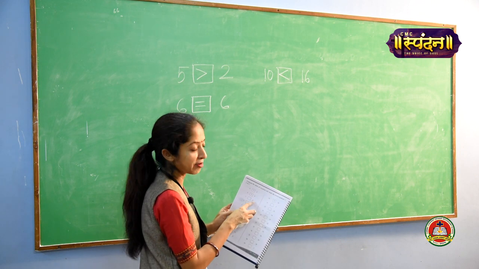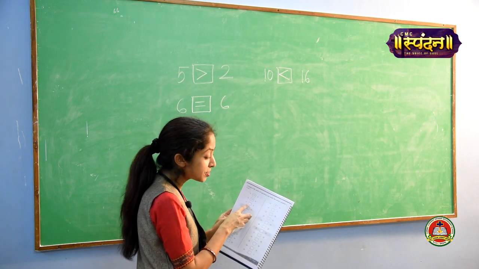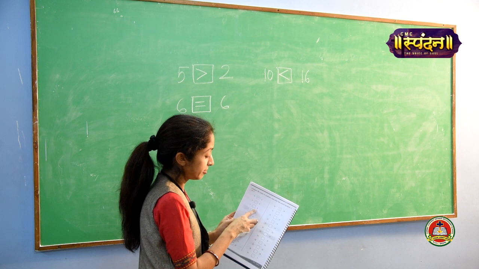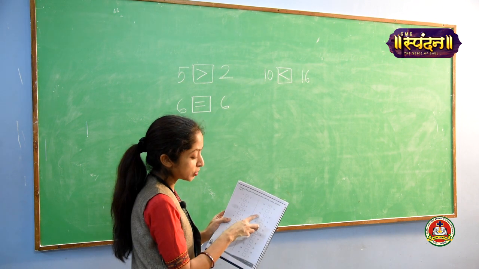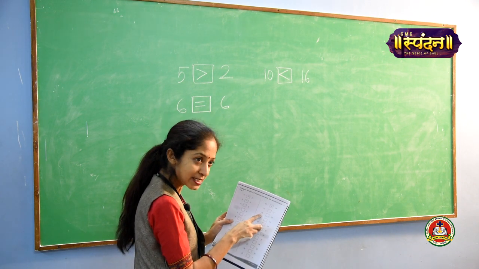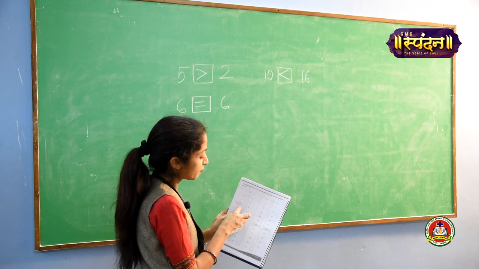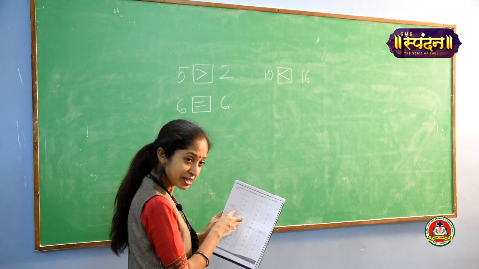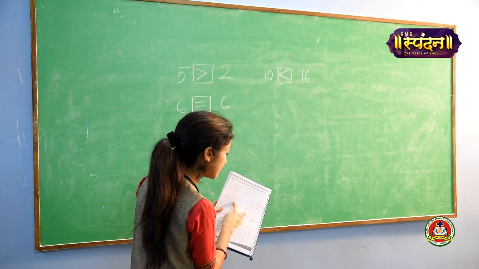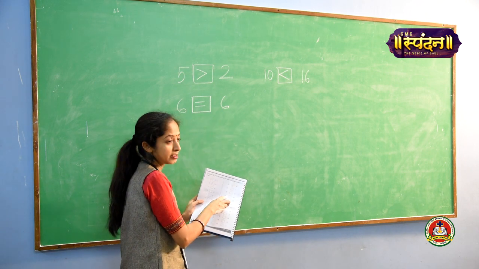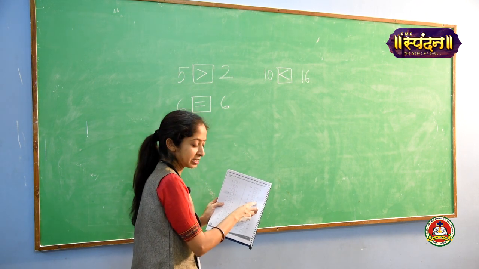Here 7 and 4. So 7 is greater than 4. Here 12 and 15, 12 is less than 15. 5 and 6, 5 is less than 6. Here 13 is less than 16, okay.